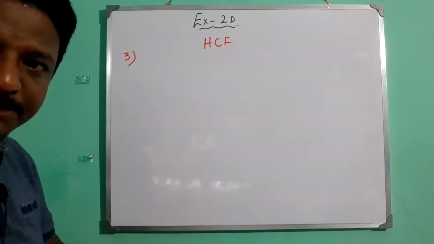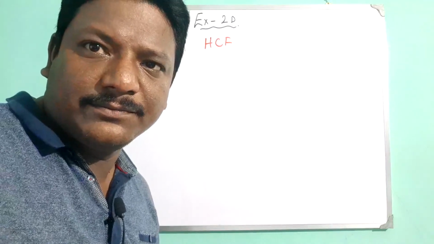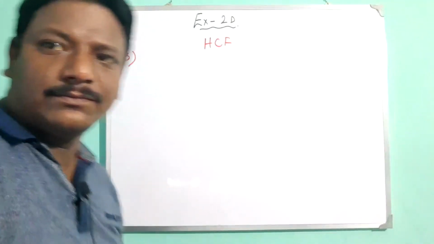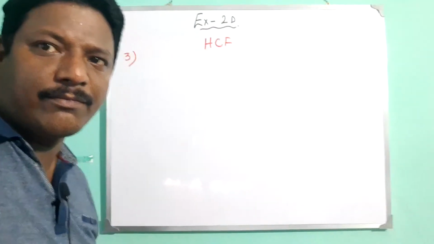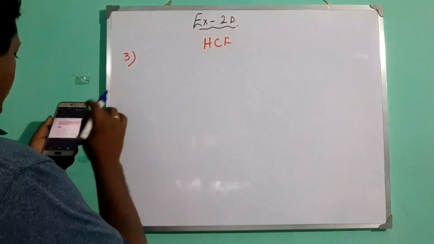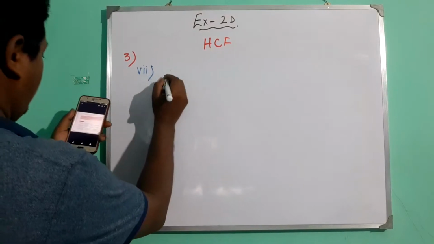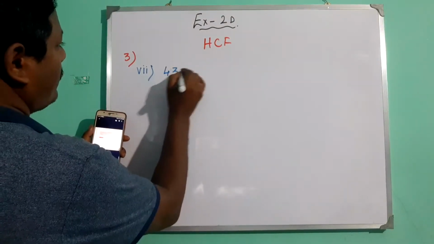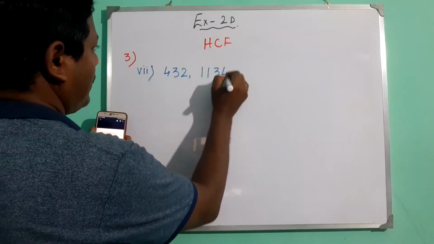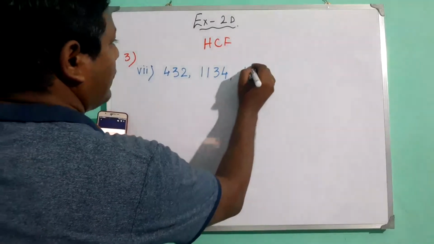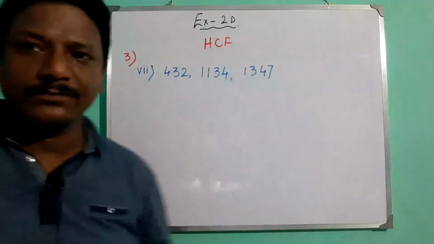Okay, no problem, let me take 3 of 7. Number 7 is 432, 1134 and 1347.